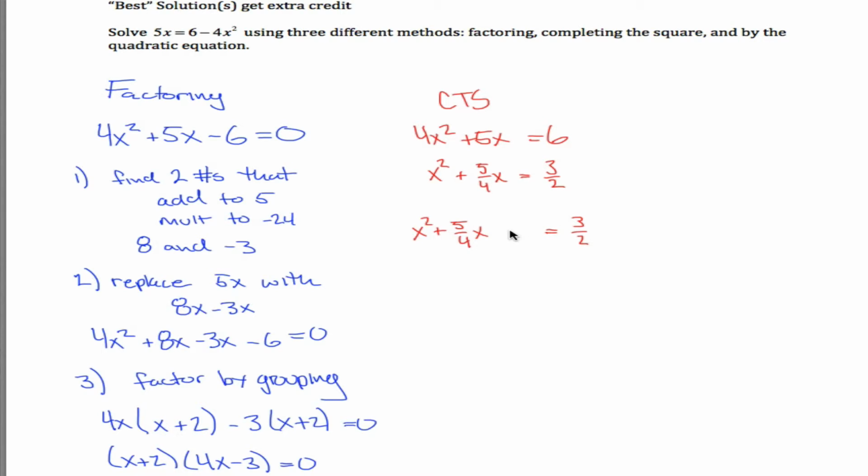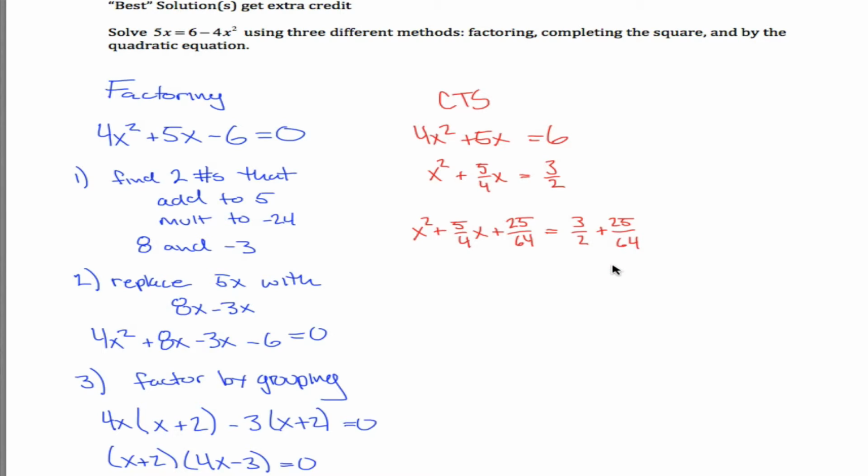It's hard to see what that number is, but what's nice is this number will always take the same form. It'll always be half of this number squared. So half of 5/4 is 5/8, and 5/8 squared is 5/8 times 5/8, which is 25/64.